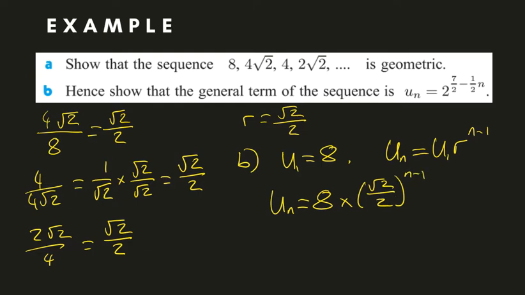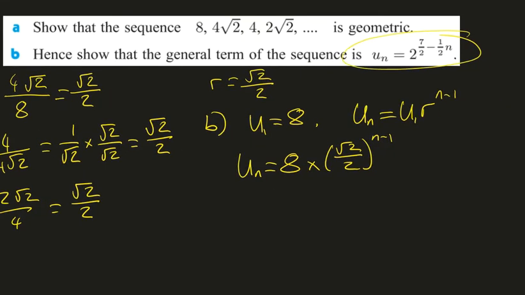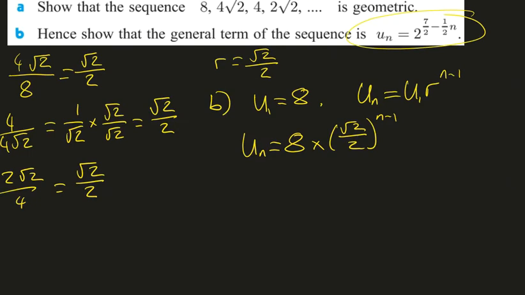So what we've got to do here is work on that to try and get that to be our aim, which is given to us in the question. Well, I'm recognizing a lot of powers of 2 here, so my first strategy is going to be to try and write everything as a power of 2 and then try and collect up those exponents. So the 8 is 2 cubed.